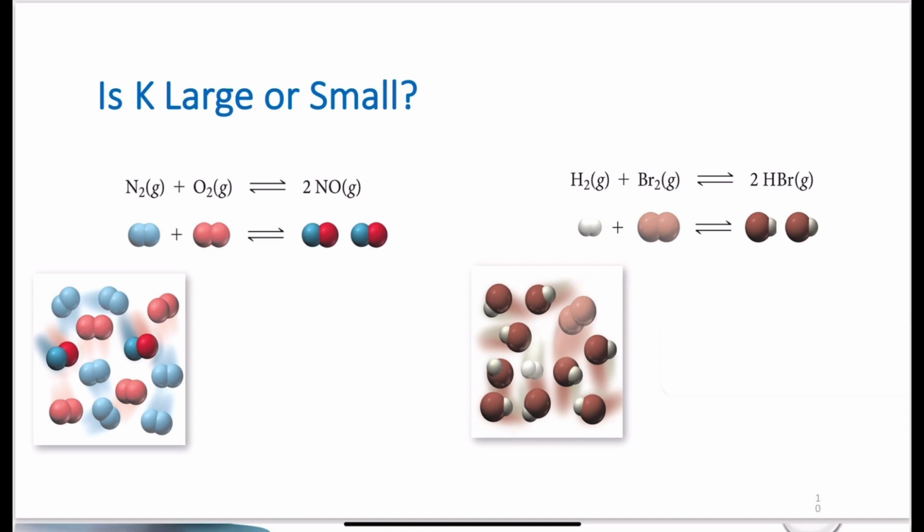Again, Kc is a measure of how much product I have to reactant I started with. So in the first picture here, I've got N2 gas plus O2 gas giving me 2 moles of NO gas. The N2 is represented by the little light blue balls, the O2 by the little red balls, and the NO by the blue-red ball. So I'm looking at products over reactants.